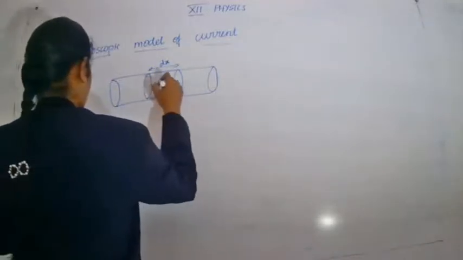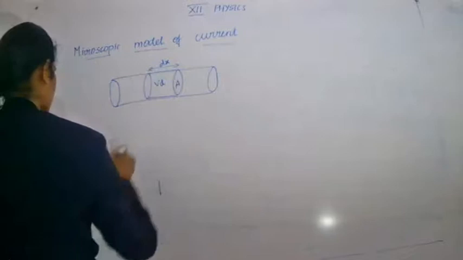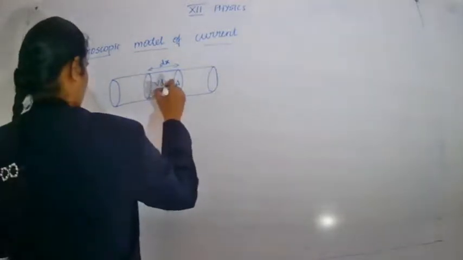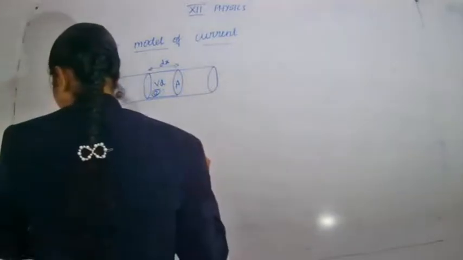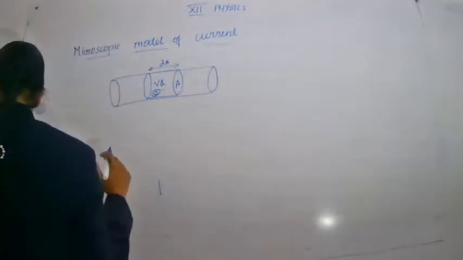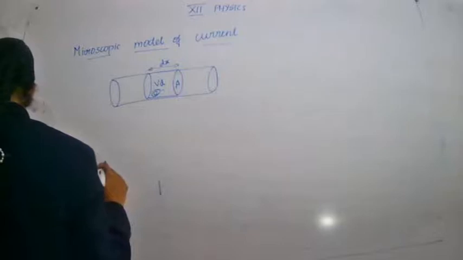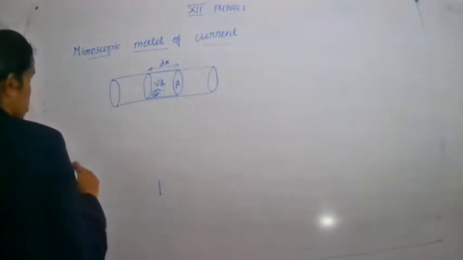That velocity is called a drift velocity. Flow of electrons is there. So there are n electrons per unit volume. So here the drift velocity is Vd.